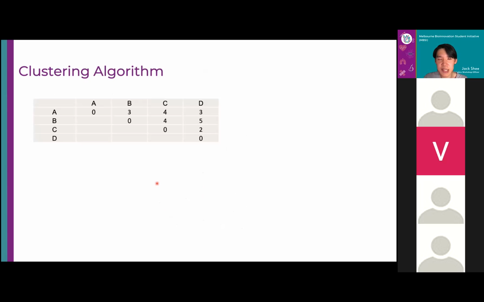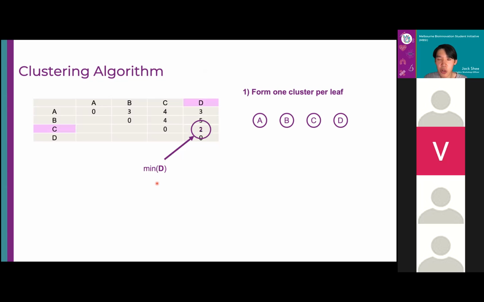Like I mentioned, it's a clustering algorithm. So the main idea is we start off with a distance matrix, and then we have clusters. Initially, we're just going to assign a leaf to each cluster. And that's how we're going to start our algorithm. Then we're going to look at what is the minimum element in this distance matrix.